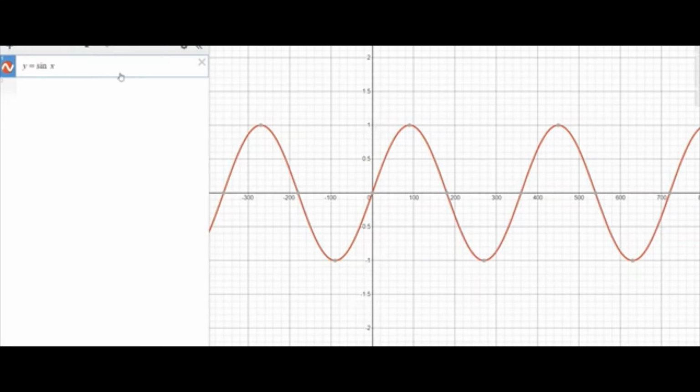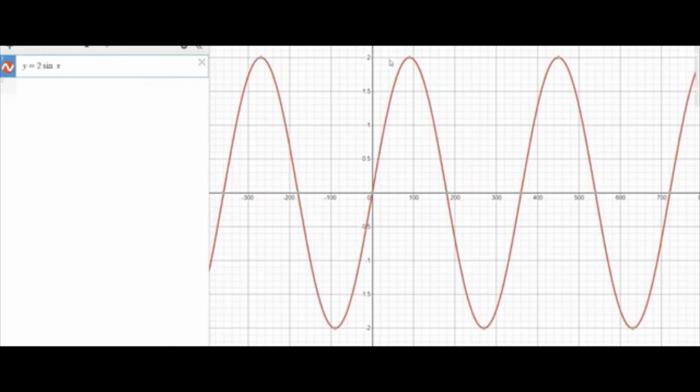But if I put 2 there, what happens? See, the maximum becomes 2 and minimum becomes minus 2. And what is the amplitude now? From axis to maximum is 2, from axis to minimum it's minus 2. So amplitude has become 2 because we wrote 2 here. Let's write 1.5.